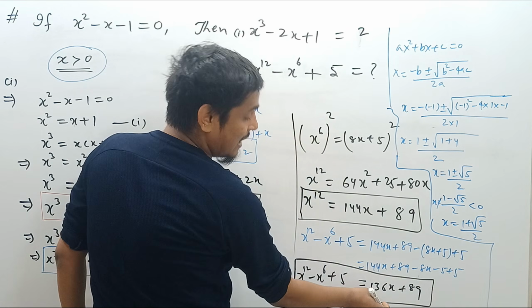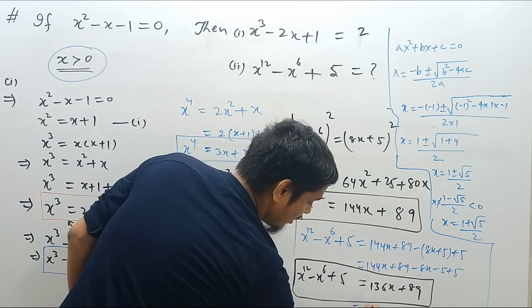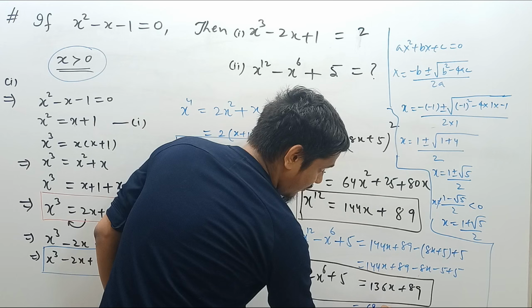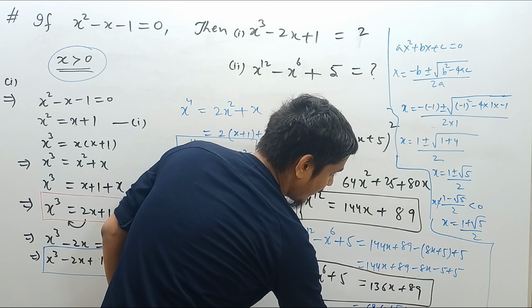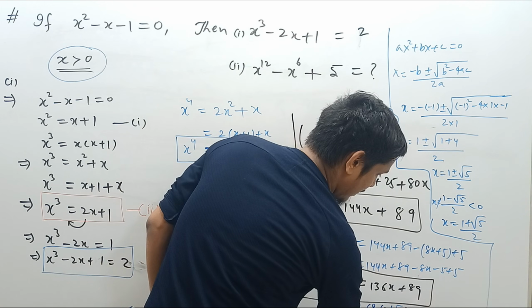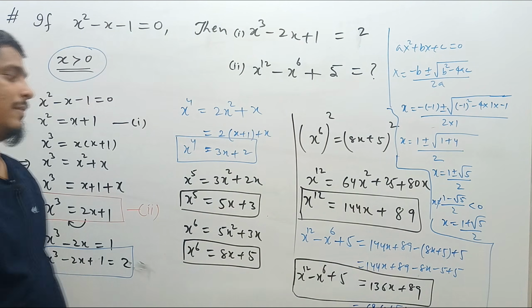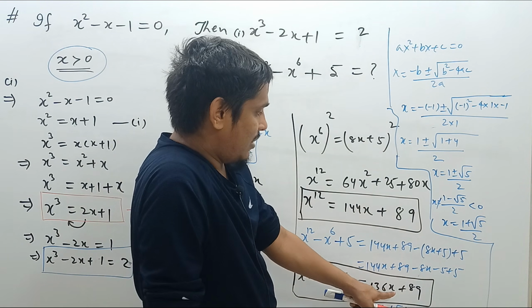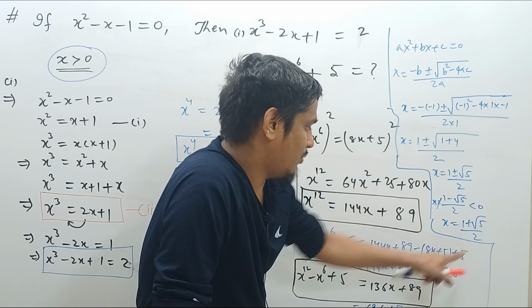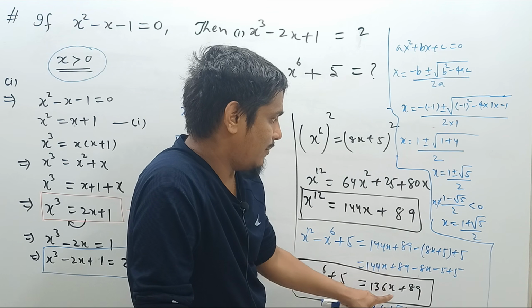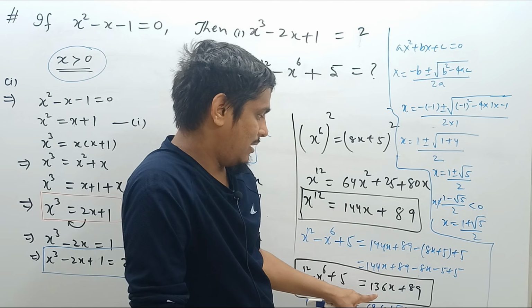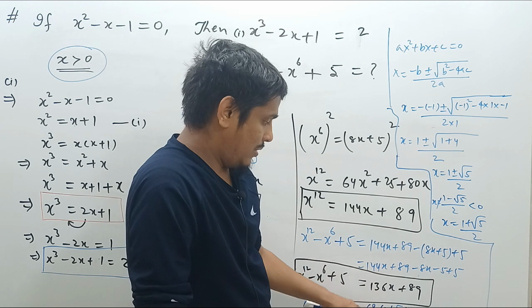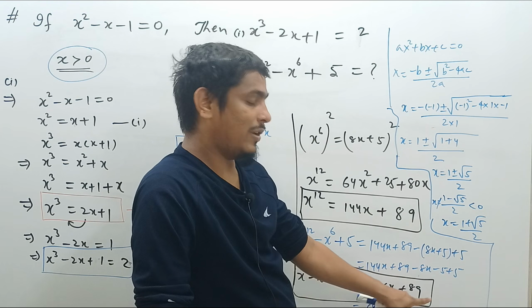So this 2 is going to cancel 136 as 2 6s are 12 and 2 8s are 16. So 68 times of 1 plus root 5 plus 89.